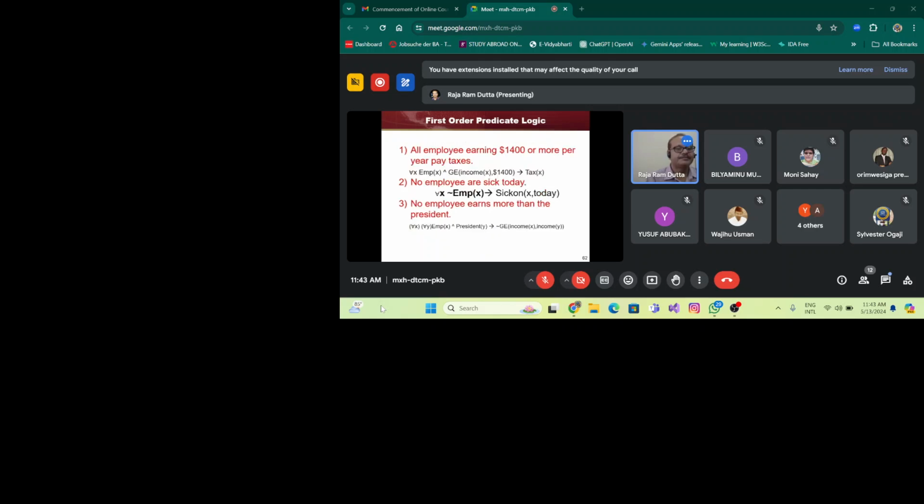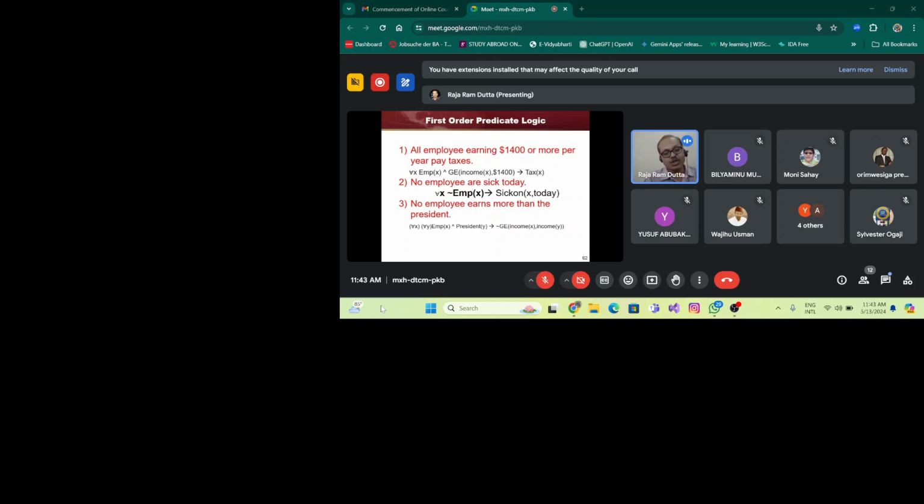The next: all employees earning 1400 or more pay tax. I have already discussed this one. For all x, Emp(x) and GE(I(x), 1400) implies Tax(x). No employee is sick today is something different: for all x, not Emp(x) implies Sick(x) today. That means all employees are working fine.